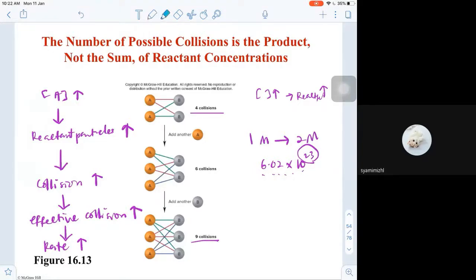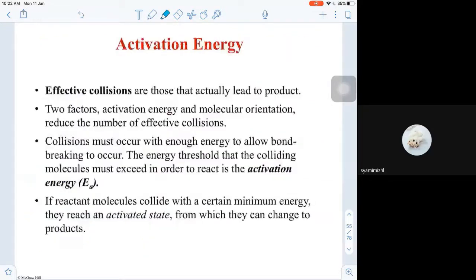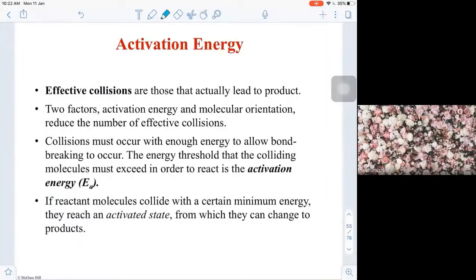Okay, let's look at what an effective collision is. We know from the collision theory that for a reaction to occur, reactant particles must collide. But it is not necessarily true that every collision that occurs will lead to a reaction. There are two requirements for the collision to be effective, or for the collision to lead to the product.